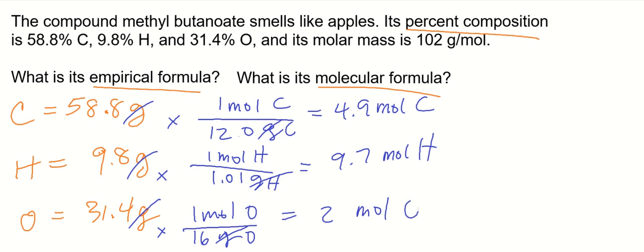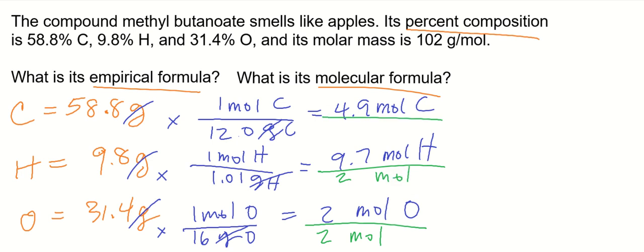Our next step is to determine which one is the smallest number. Let me check my calculations again. Okay, 2 is definitely the smallest. So let's see how many times 2 moles goes into all the other moles.